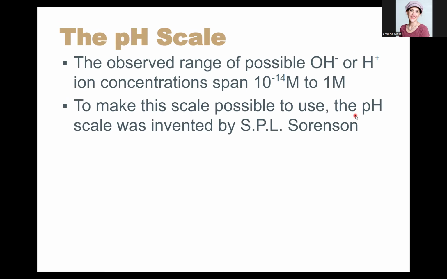And it was invented by S.P.L. Sorensen. Because, of course, we know that acids dissociate to form the hydrogen ion, which then reacts with water to form the hydronium ion. So here we have the potential hydrogen ion. It is what pH is measuring.